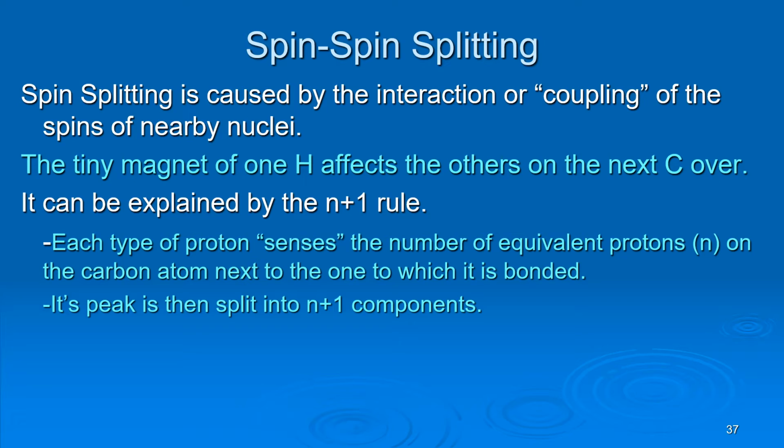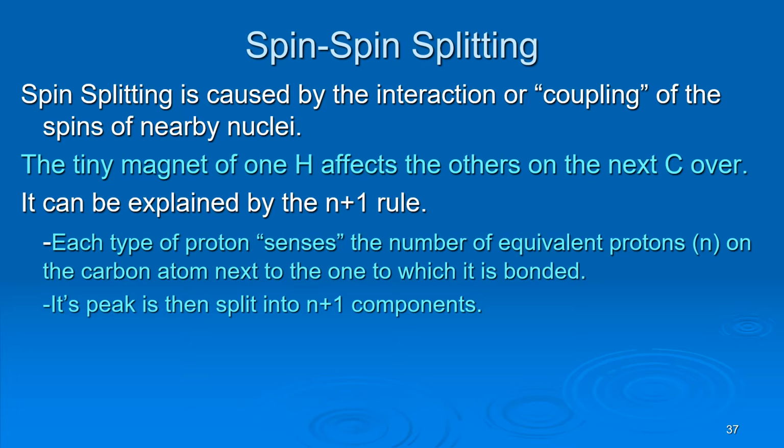But once you have hydrogens that are on neighboring carbons, they kind of interact with each other. So the tiny magnet of one of the hydrogens will affect the hydrogens on the carbon next over to where it is. And the way that it splits is called the N+1 rule.